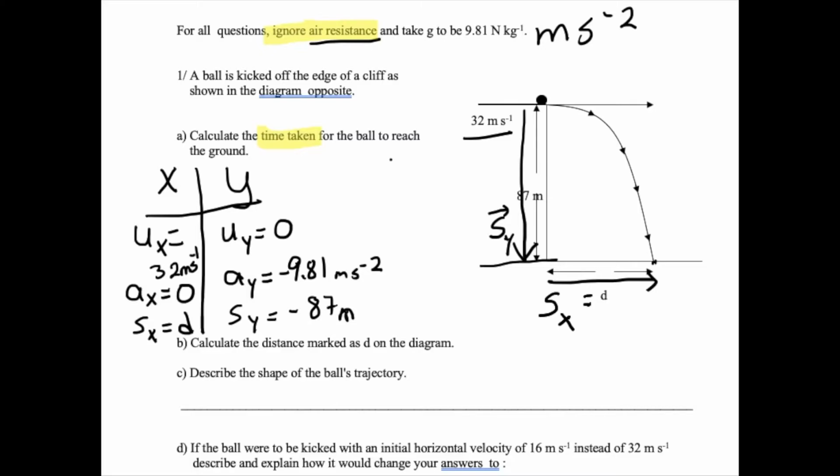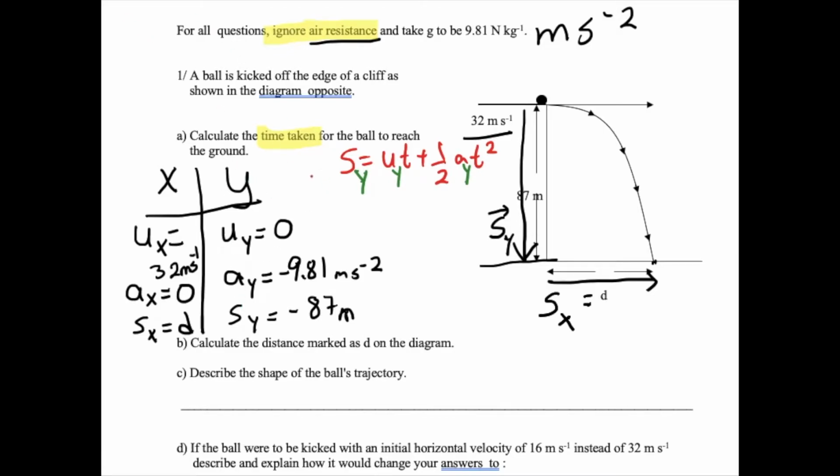Let me write this in red, so here's the solution. I'm going to use s equals ut plus 1/2 at squared, and I'm going to make sure that I am looking at y components only, which means I'm taking values only from this column.